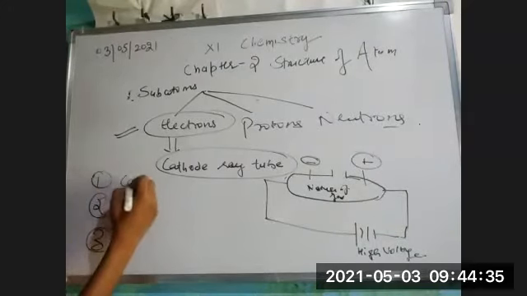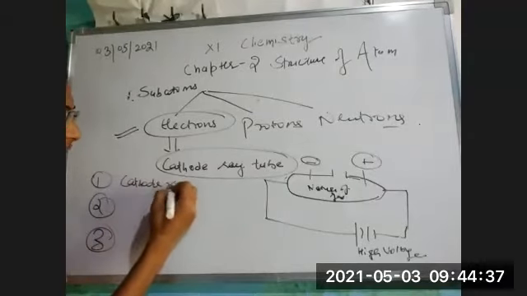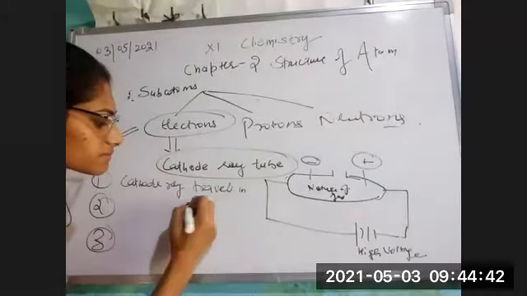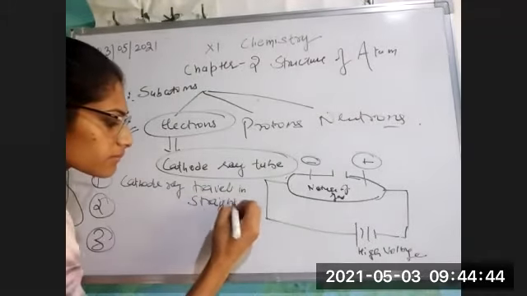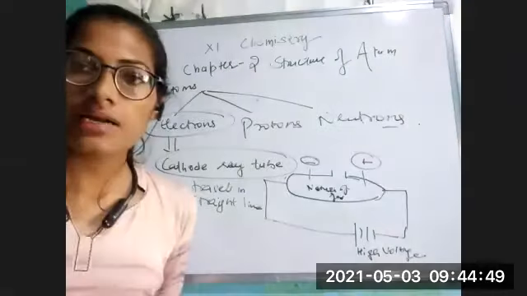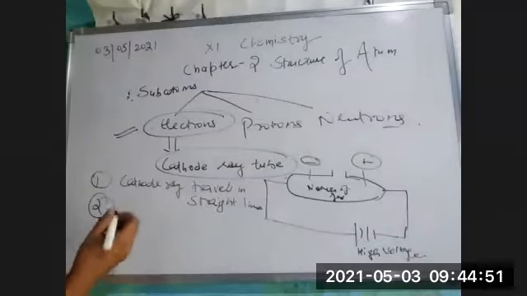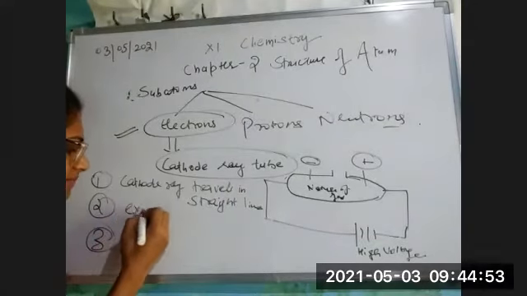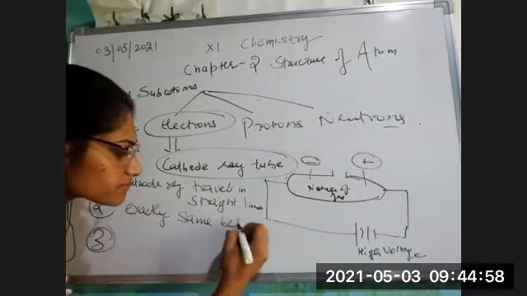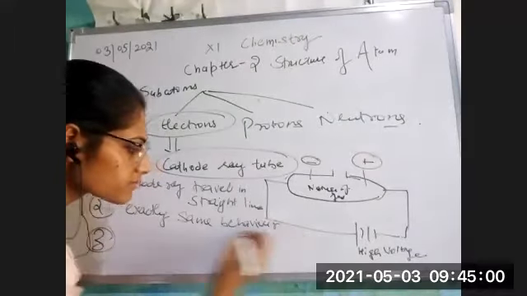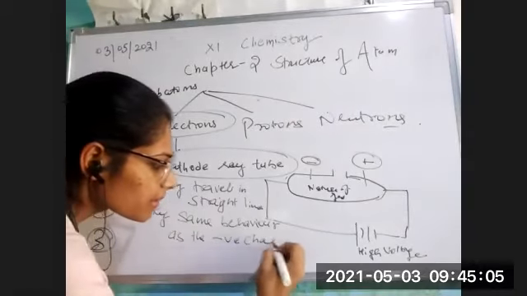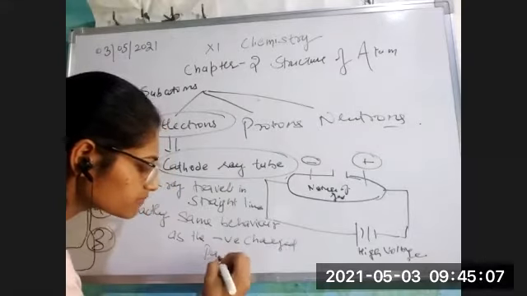First, cathode rays travel in a straight line. Second, since they are traveling in a straight line, that means they show exactly the same behavior as negatively charged particles show.